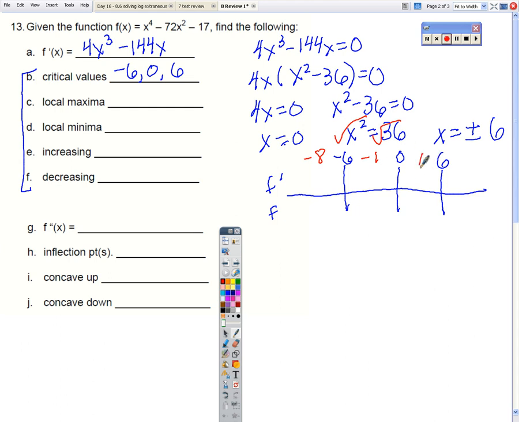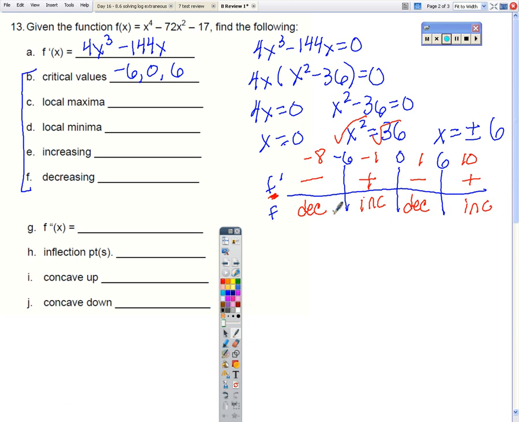Any value in between here, and a value out here. And we have to plug those into f prime to find out if it's positive or negative. So f prime of negative 8 will give us a negative answer. This will give us positive, negative, and positive. So that means our actual original function is decreasing, increasing, decreasing, and then increasing.